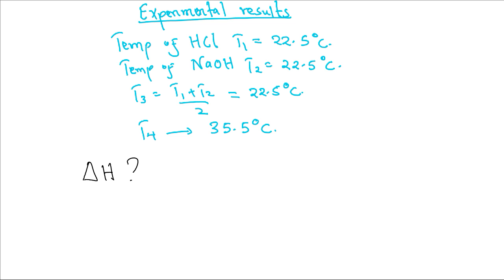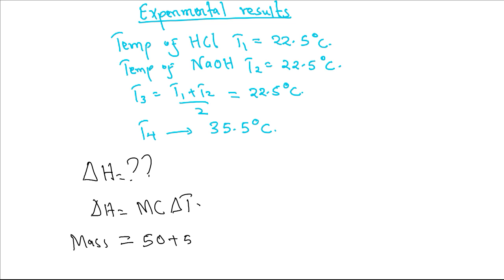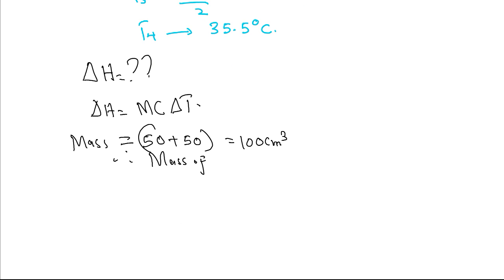Delta H is what we want to calculate, and the heat change is mass times heat capacity times delta T. So mass is calculated by simply adding the two volumes to get 100 cubic centimeters, and the mass of the solution will therefore be assumed, using the density of water, to be 100 grams.